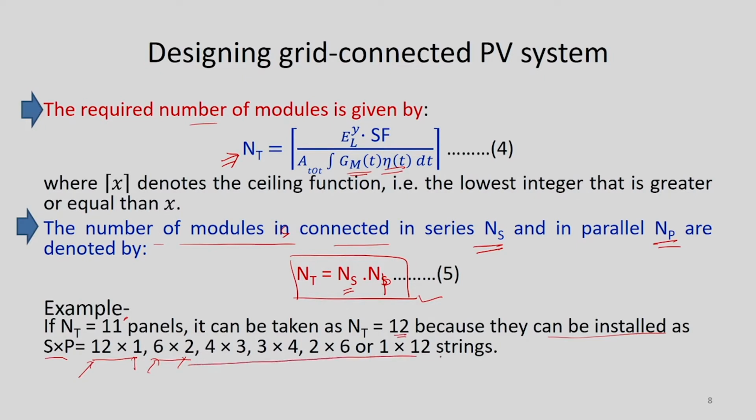So, these kinds of configurations may be adopted. Okay. So, the best combination has to be found out, the one that gives you the maximum power output. Okay. So, we will solve problems to understand this, for the betterment of the design of the PV grid connected system.